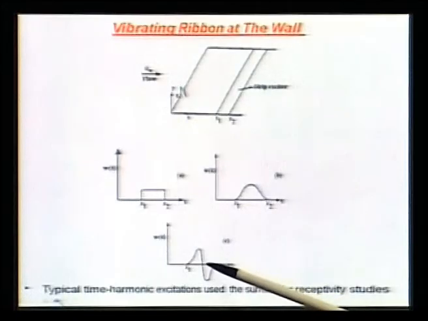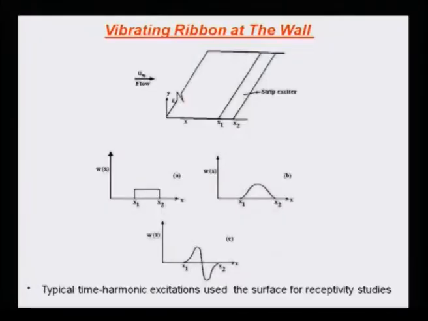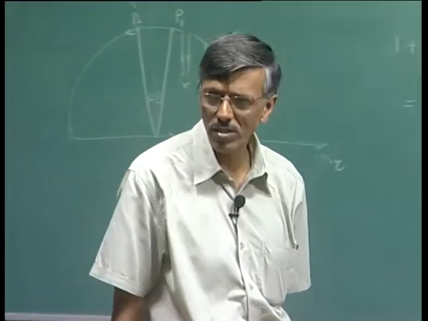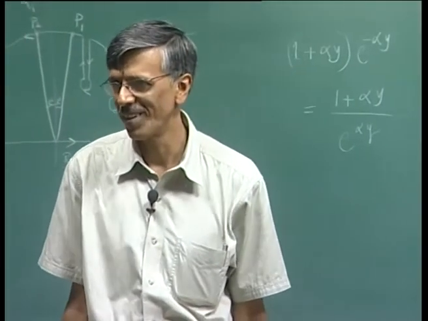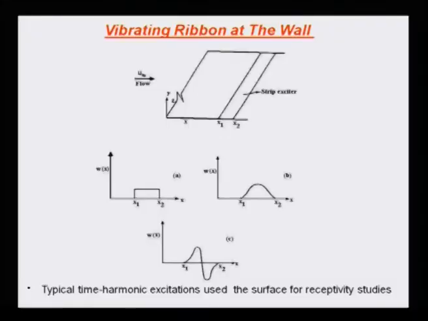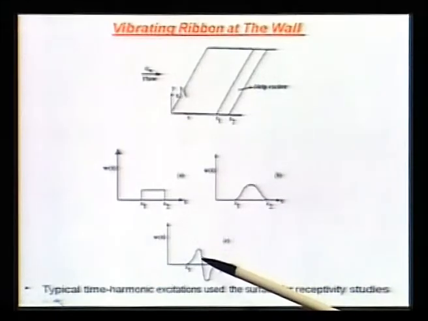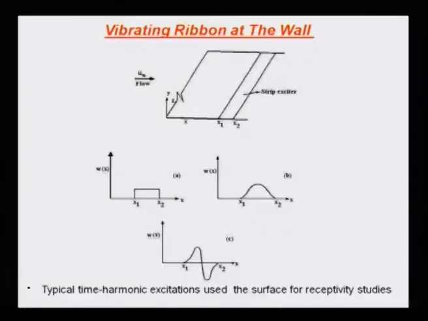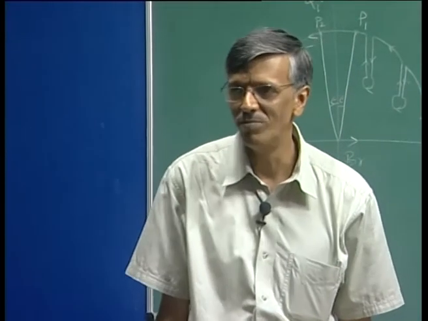What is this? This is called a simultaneous blowing suction strip. What is so good about it? See, if I do it like this, half the part is positive, half the part is negative. The sum is 0.